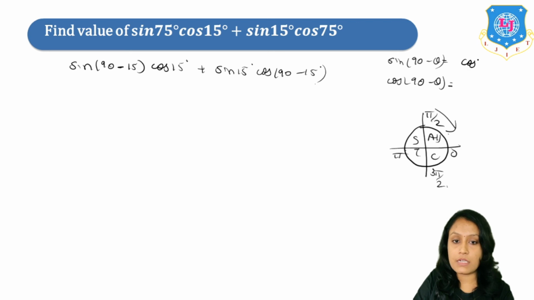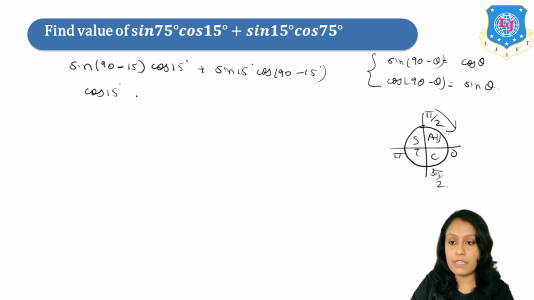With 90 degrees, the answer is cos theta, and again with 90 degrees, the answer is sin theta. So we will use these two formulas. Sine of 90 minus 15 degrees will give cos 15 degrees, and cos of 90 minus 15 will give you sin 15 degrees.